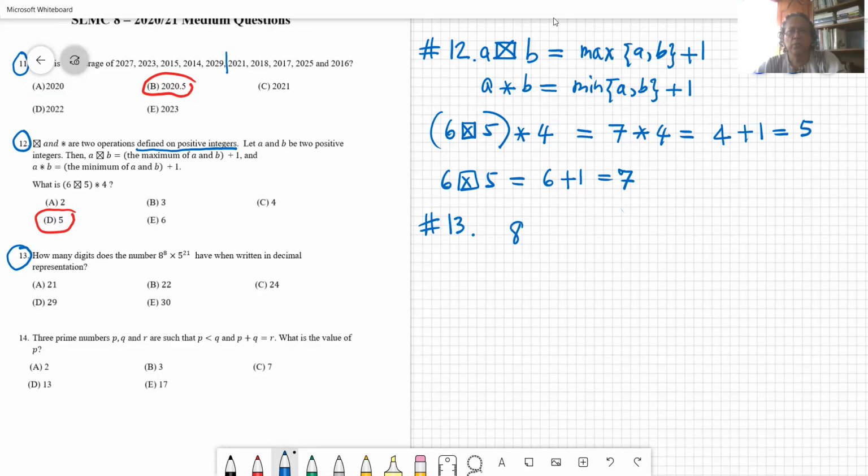So when you look at this, now you can't do this calculation because this is going to be huge. So how do we figure out the number of digits when this is written in decimal representation?